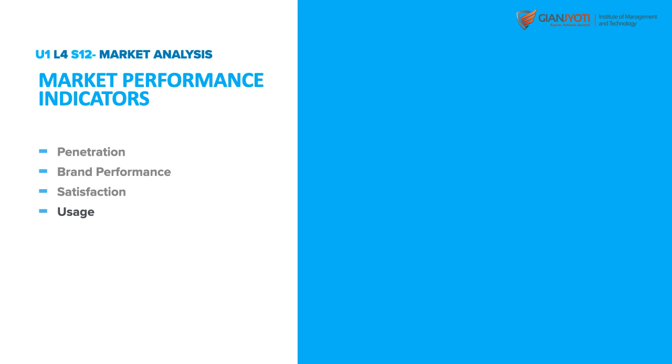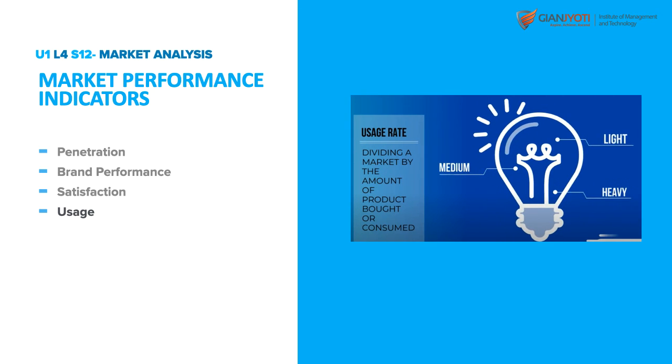When we talk about usage, now usage generally is used for segmentation, but here we are talking about it in terms of the performance indicator. So the usage rate: the market is divided by the amount of product bought or consumed. So it can fall in service or product as light, medium or heavy.